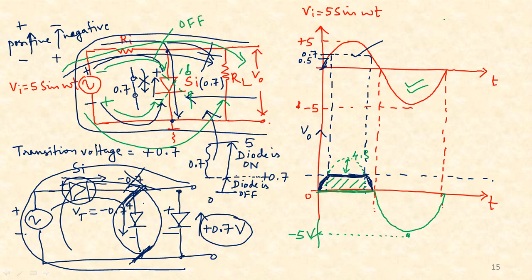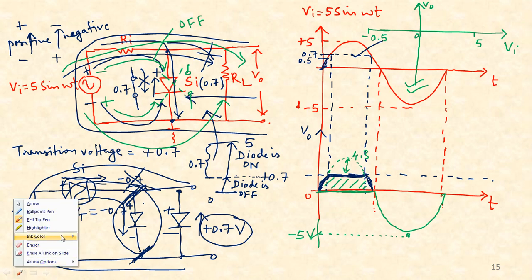So what about the transfer characteristics? I don't have space here, but I'll have to include it somewhere. Right, Vi and V naught, 0 to plus phi, 0 to minus phi.